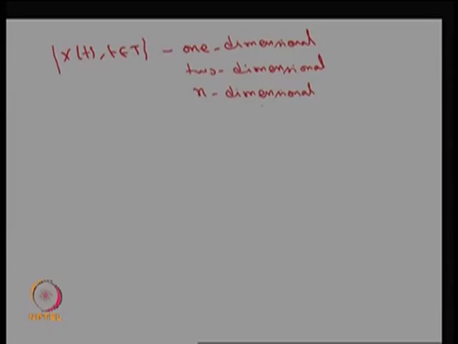Now, we are discussing what is the dimension of the stochastic process. So, by default it could be one dimensional, or it could be two dimensional, or it could be n dimensional. Let me give one simple example in which it is going to be two dimensional.